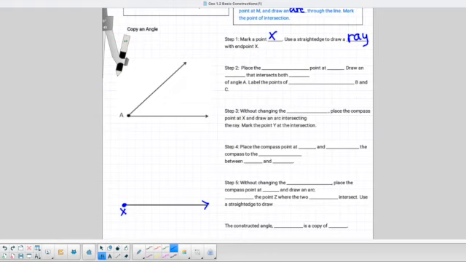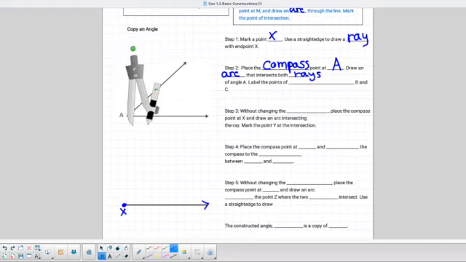Step 2, place the compass point at A. Draw an arc that intersects both rays of angle A. Put our compass point at A. And we are going to draw an arc.